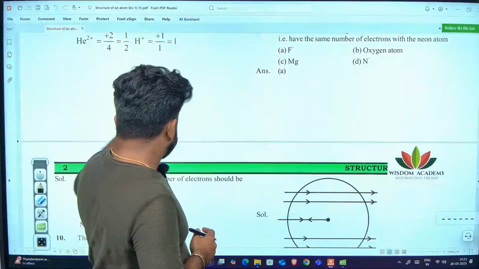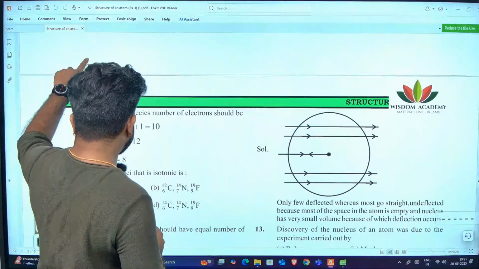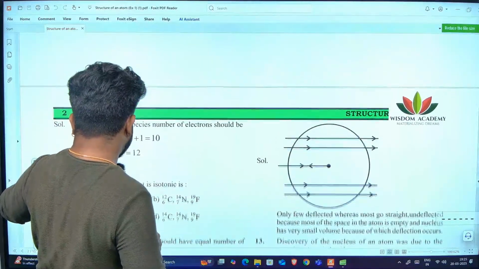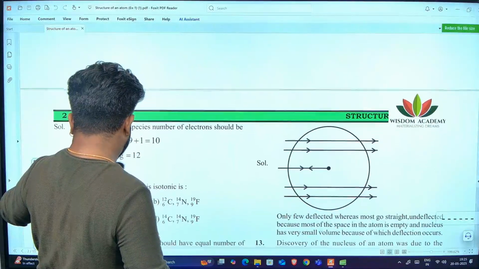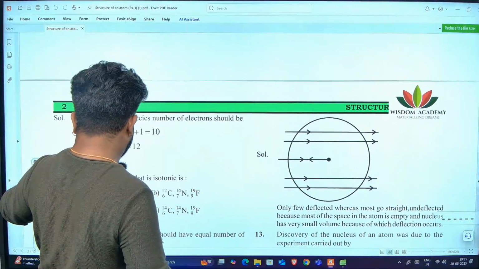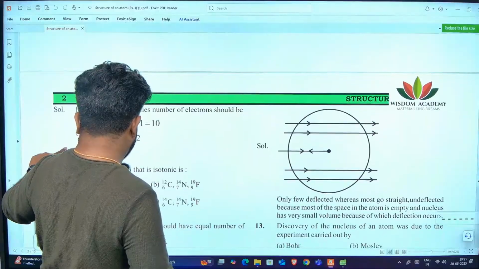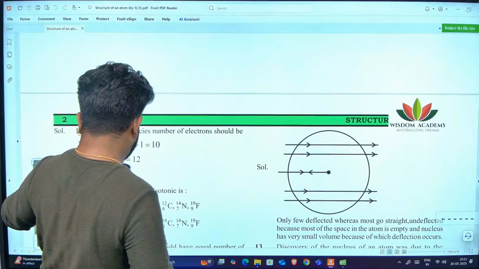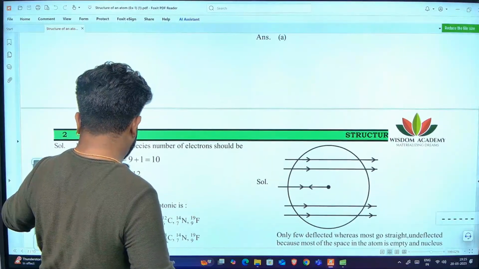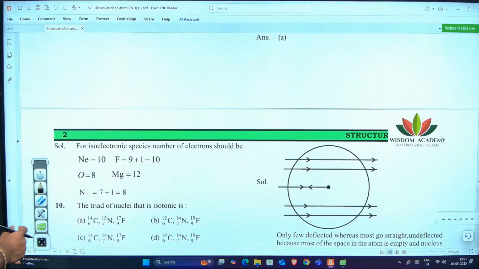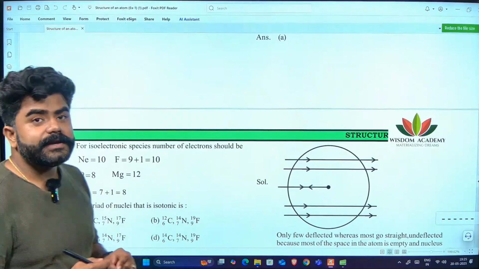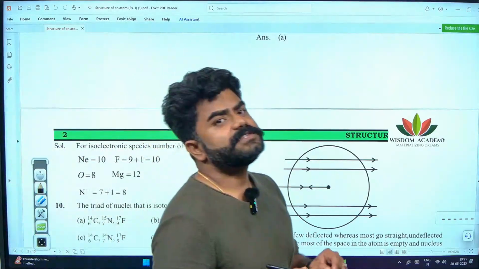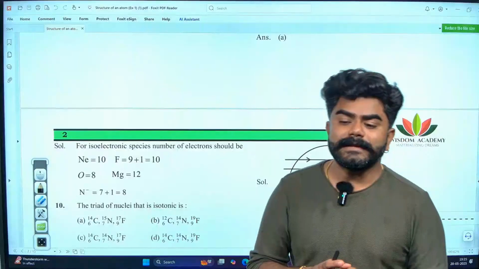So we'll move on to the next question. Let's go to question number 10: the triad of nuclei that is isotonic is. First, understand the question.